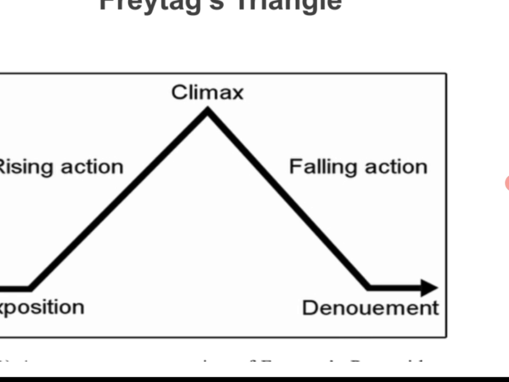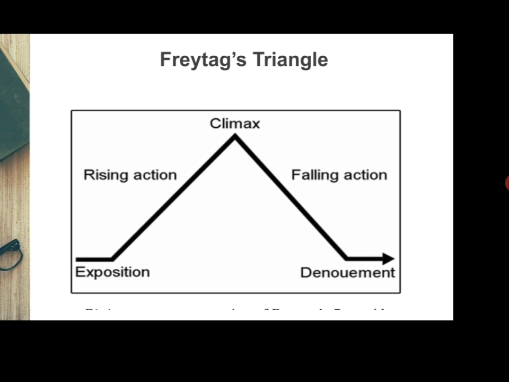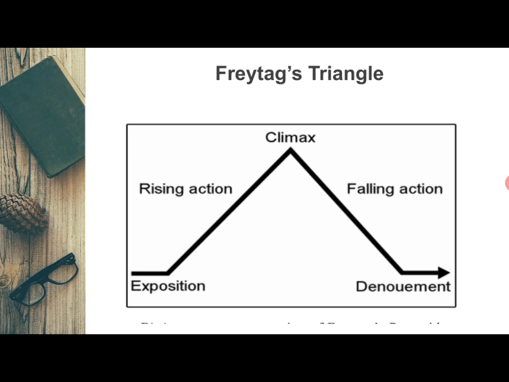It means that that's the end, that all conflicts of the story have come to the resolution. That's the final step of the free text triangle or the sequence of the events.